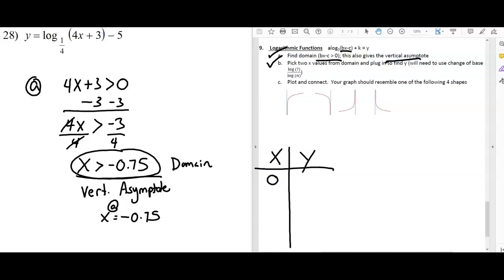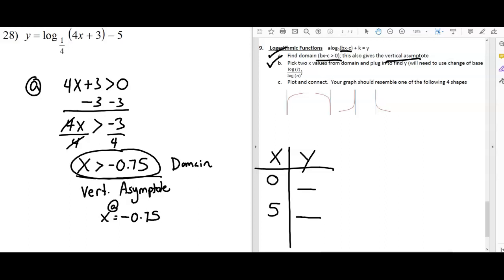When you're doing log functions, it's a good idea to pick a number that's a lot bigger, more than just one space. You want to give them a little bit of space. So I would say at least 5 spaces greater, sometimes even more, like 10. Otherwise, you'll find that the y values are so similar that it almost looks like a flat line, but it's really not. So the more space you give between your x values, the better.